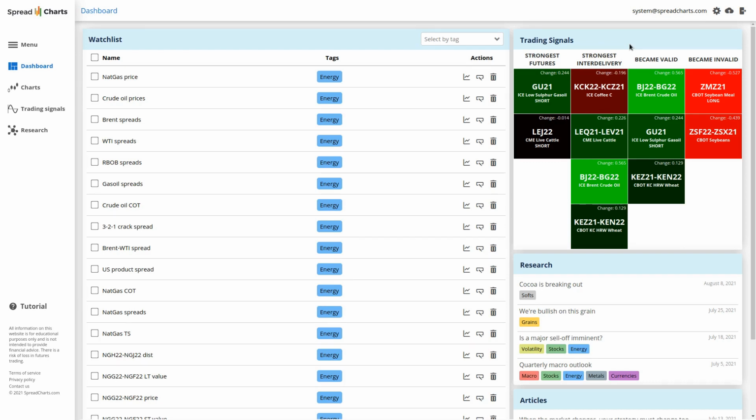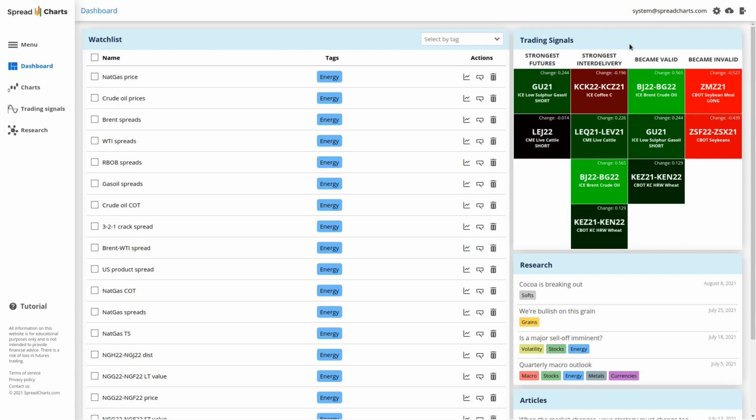These are the signals whose strength was previously below 1.0 but crossed this level above 1.0 over the previous day. So this is something you should watch carefully because they can highlight interesting situations, interesting opportunities, a sudden change in the quality of these signals.